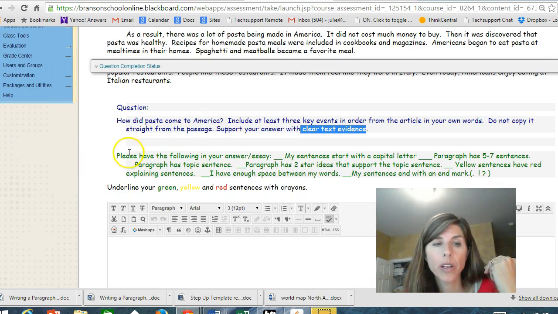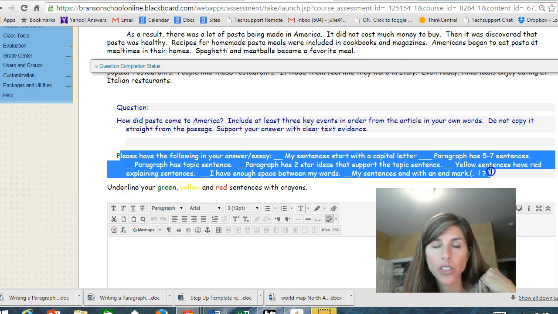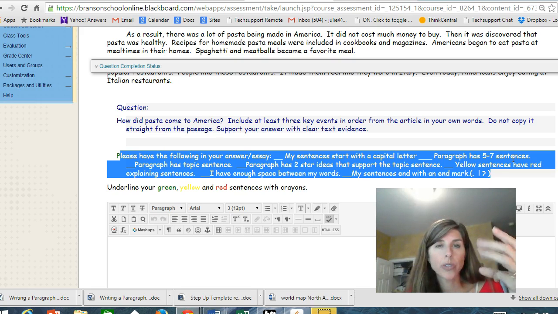And so I want you to make sure that you have all of these parts in your paragraph answer. Your sentences start with capital letters. Your paragraph has 5 to 7 sentences. And what that looks like is that you have a topic sentence. You have at least 2 yellow sentences. Each yellow has a red.